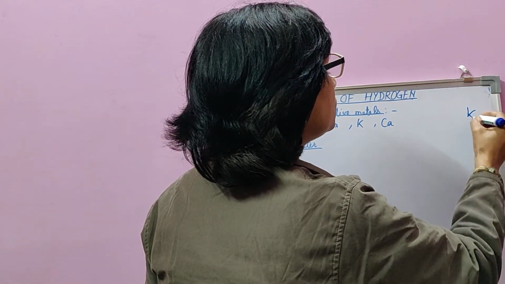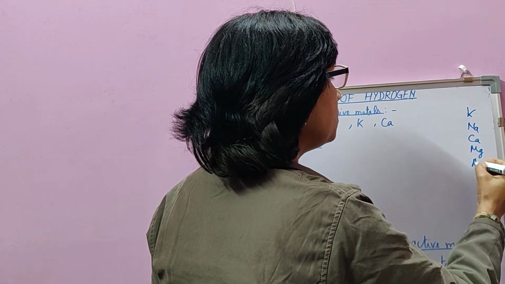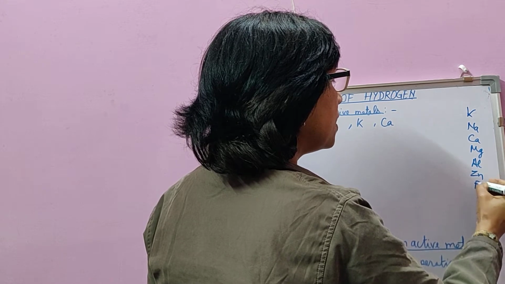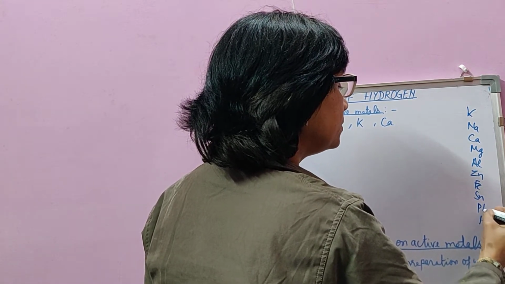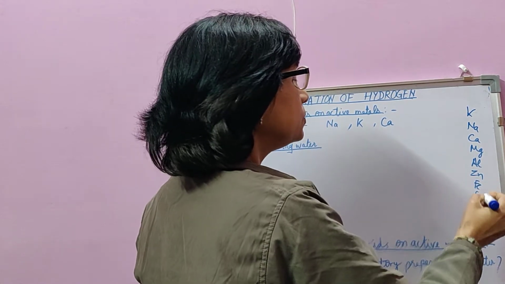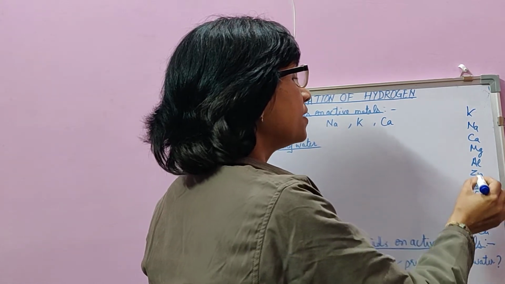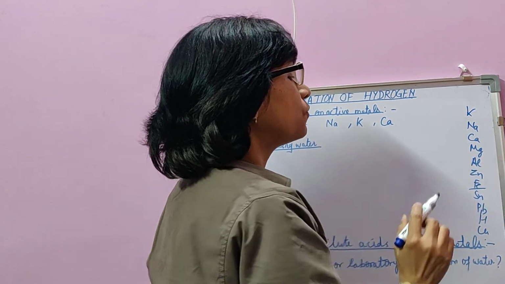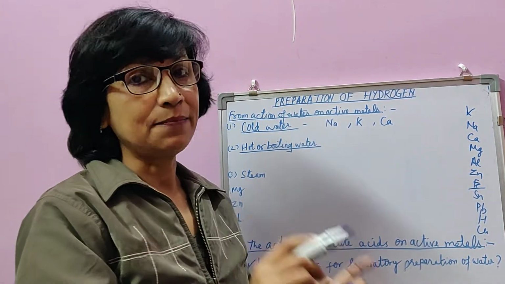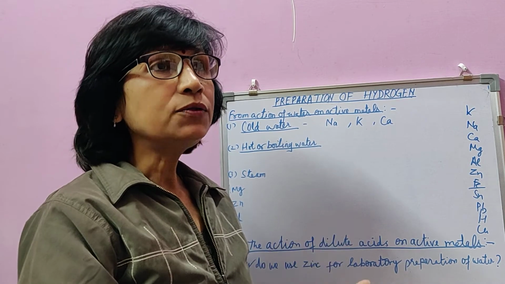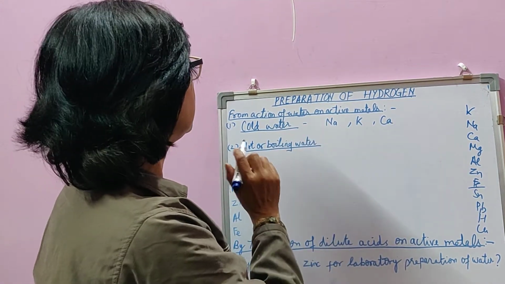For example, potassium, sodium, calcium, magnesium, aluminium, zinc, iron, tin, lead, then hydrogen, then copper, then others. So with difficulty, up to iron, metals can displace hydrogen from water, but not tin and lead, not at any temperature. How the activity makes the difference, you will understand by these examples.